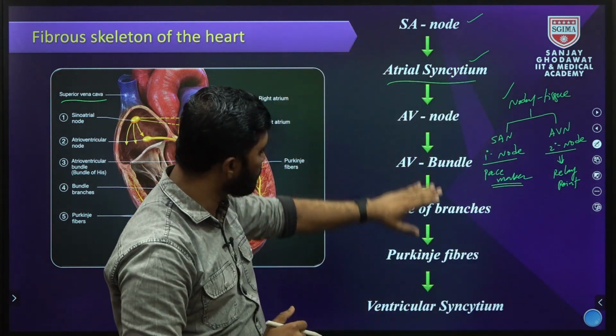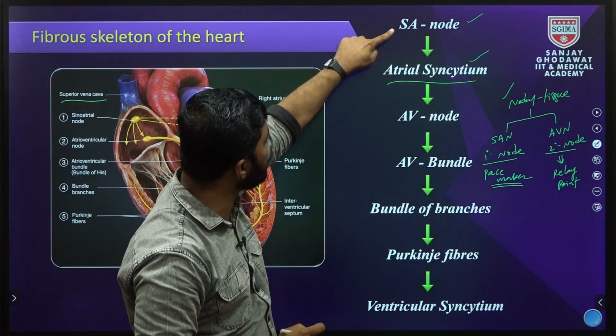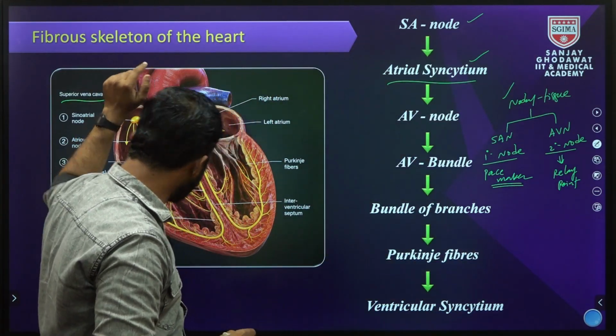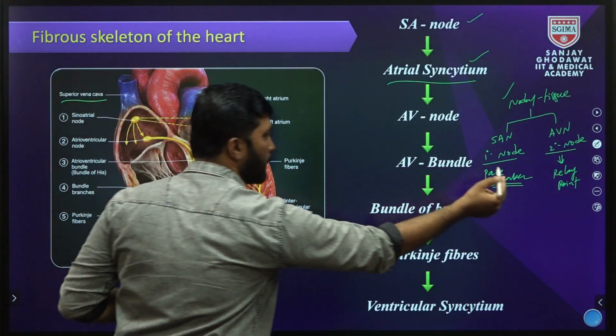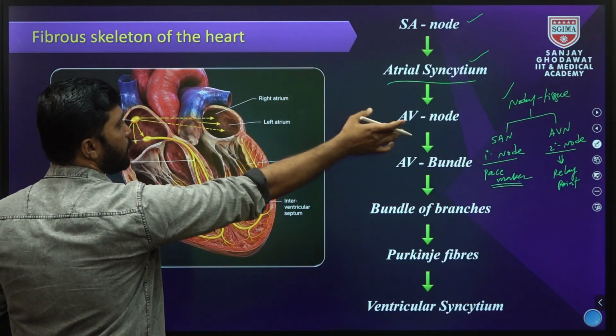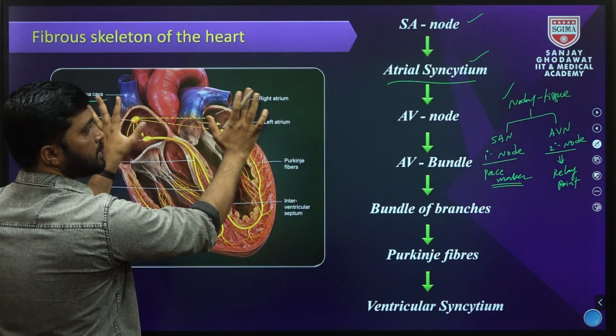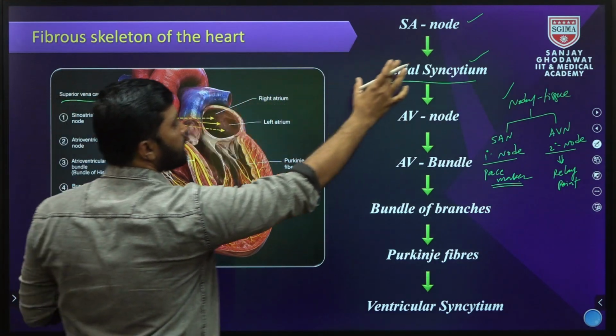And if you take the action potential movement in the heart, first the sinoatrial node, this is the primary node, generates the action potential, also called the pacemaker. They carry it forward to the auricular muscles, that is atrial excitation.